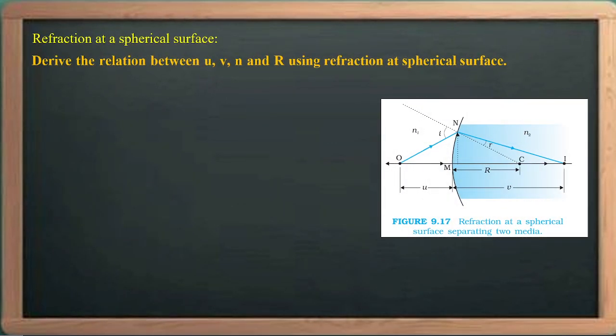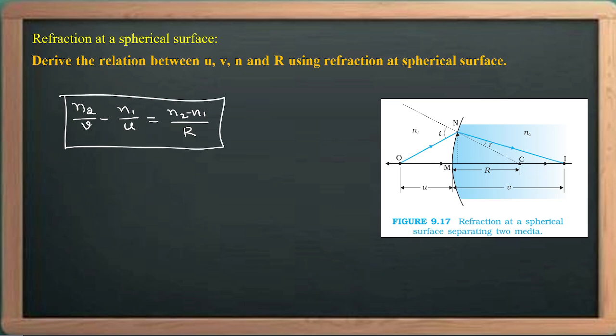Then we have the refraction through a single spherical surface. The relation is given by n2 by image distance minus n1 by object distance is equal to n2 minus n1 by radius of curvature. Okay, so this is for refraction through a single spherical surface.